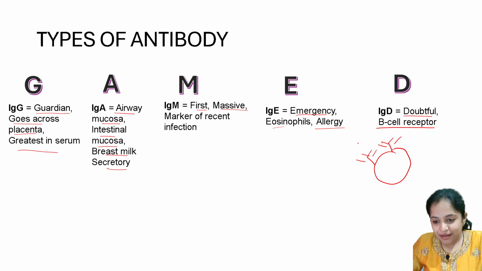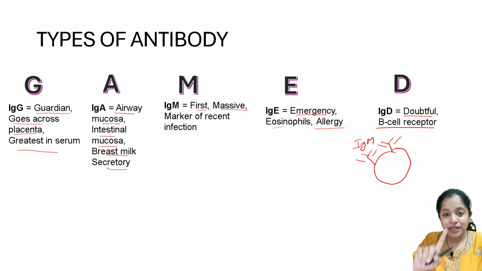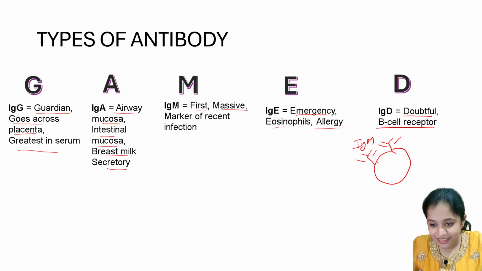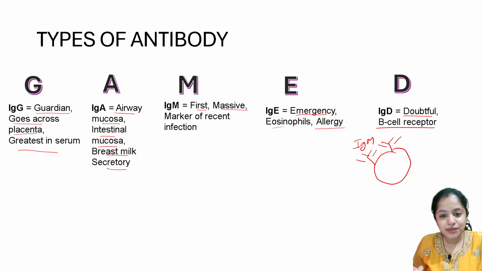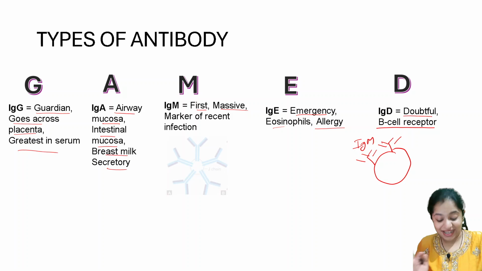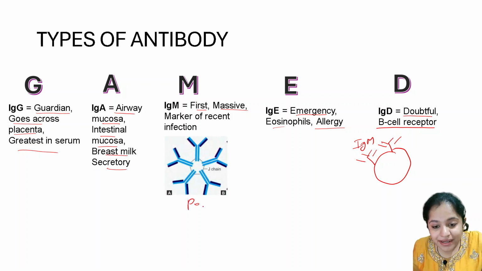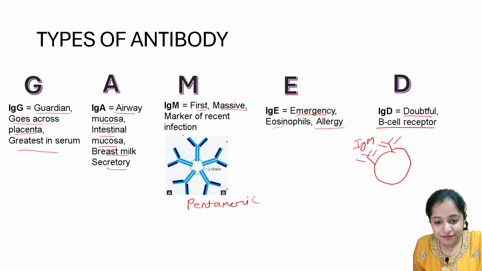When IgM is present as a receptor on the B cell surface, it is present in a monomeric form. Only one molecule of your antibody is present. But when it is present in your serum, it is massive, it is huge, it is in pentameric form. Okay, that is 5 immunoglobulins held together by the J chain.